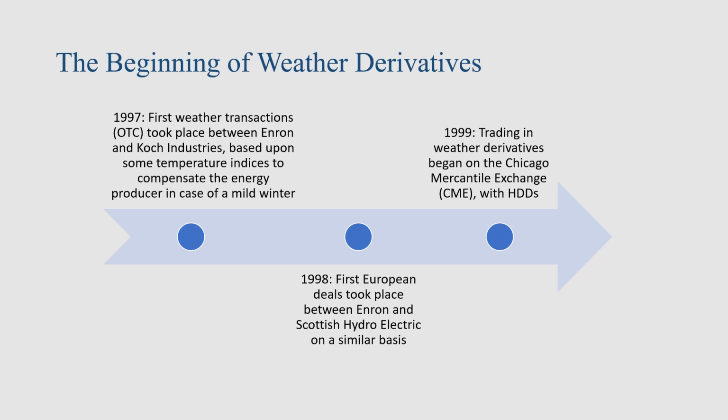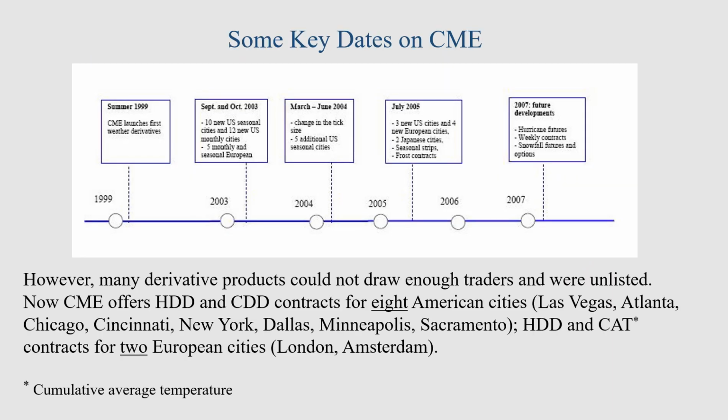If we consider the Chicago Mercantile Exchange, we can look at some key dates here for these kinds of weather derivatives. In the summer of '99, it launched its first weather derivatives. 10 new U.S. seasonal and 12 new U.S. monthly cities were added, as were 5 monthly and seasonal European cities in 2003.